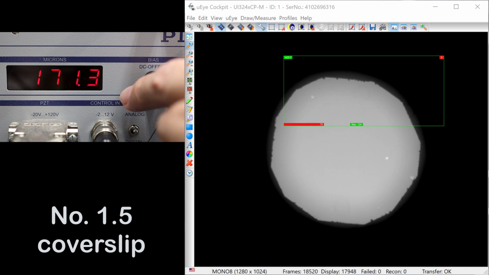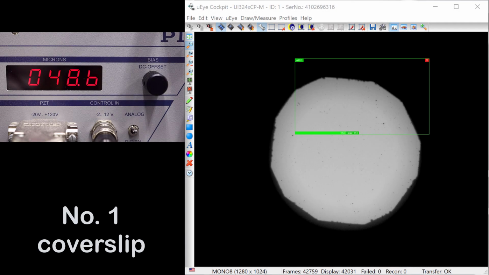Here we go. We arrived at an objective position of 171.3 microns for a total travel distance of 118 microns. This is actually quite different from the known thickness of number 1.5 cover slips, which is about 170 microns.